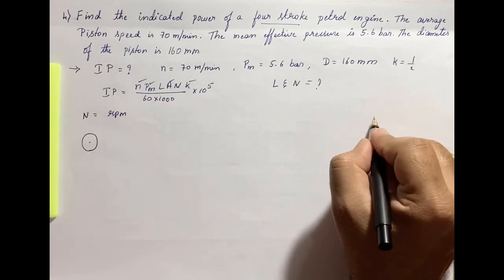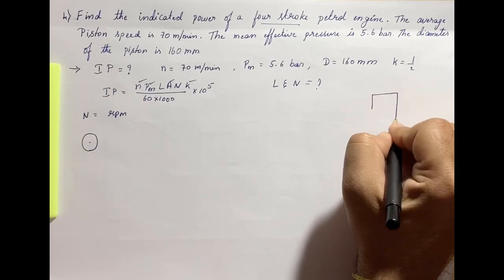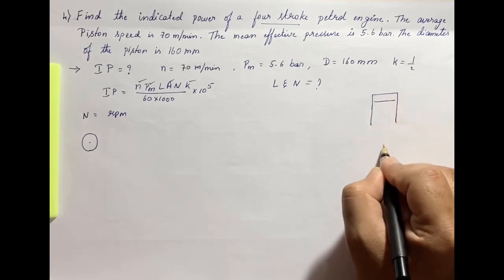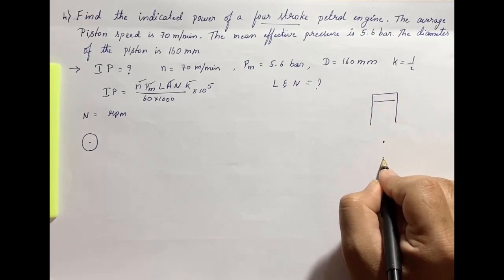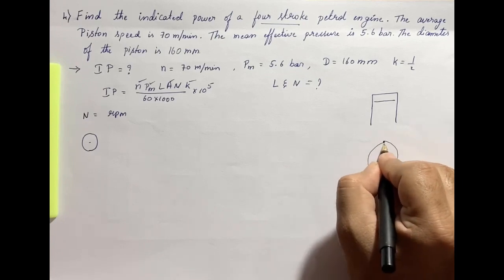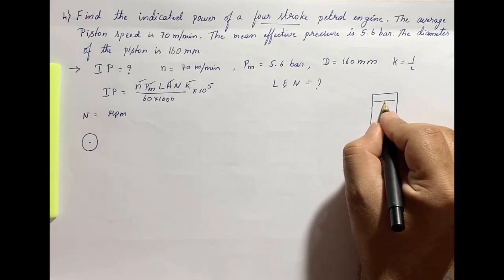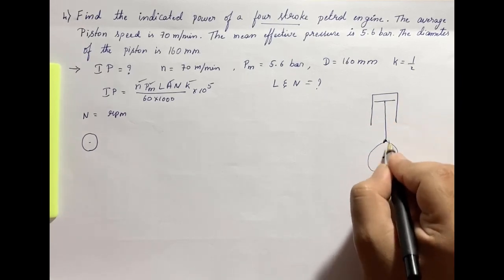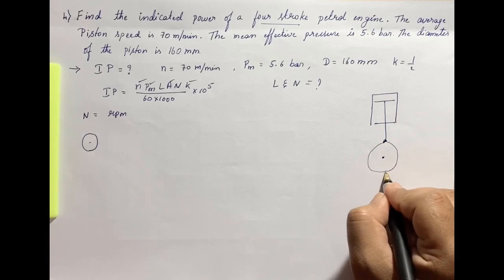I'll write it here. If I assume this is the piston and cylinder, when the piston is at top dead center, one position, this is the center of the crankshaft. This is how it is rotating here. Now, when the piston is at top dead center, the position is here, and when the piston is at the bottom dead center, the position is here.